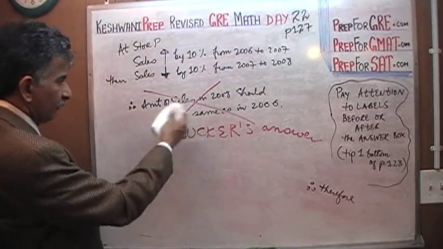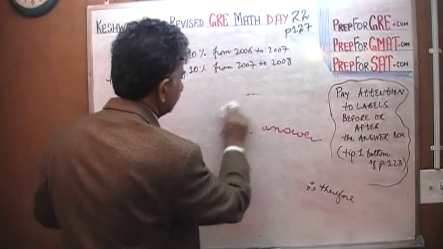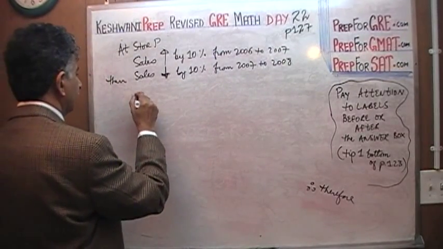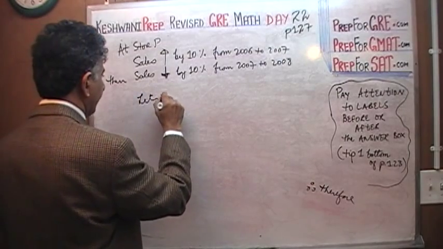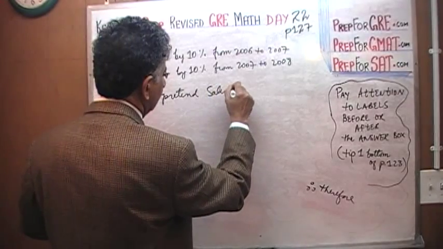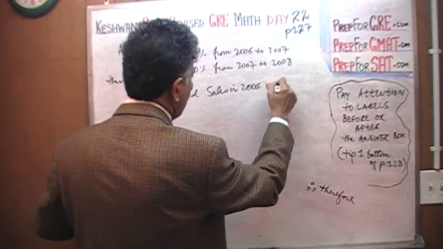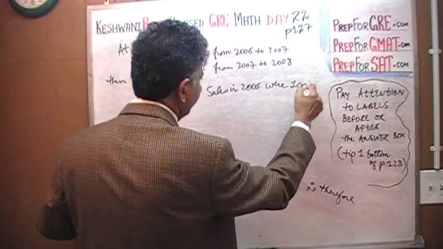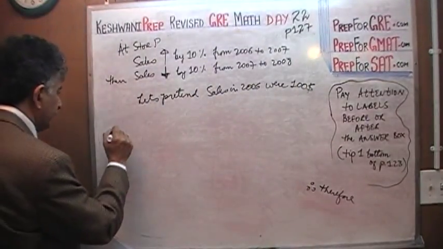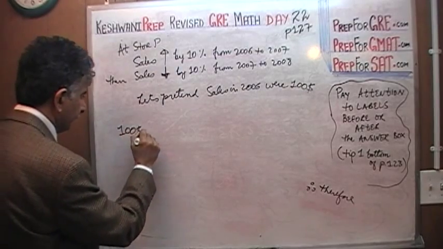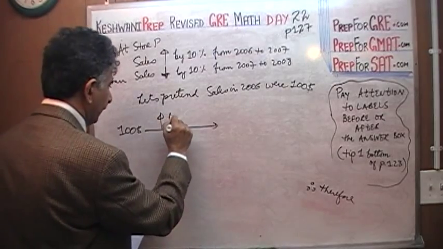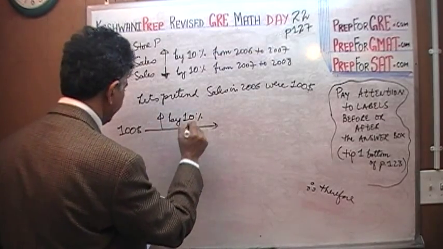So let's pretend this is wrong. Let's pretend sales in 2006 were $100. We're just going to pretend it, okay? So we start with $100. Then we are told that it increases by 10%.